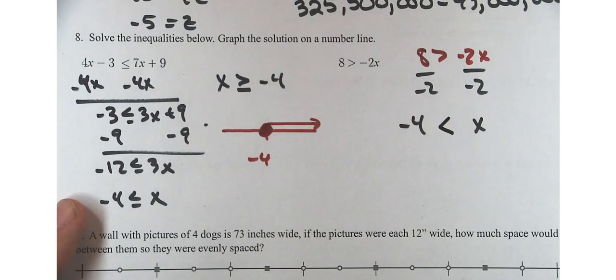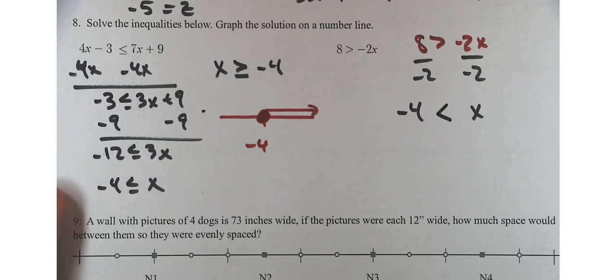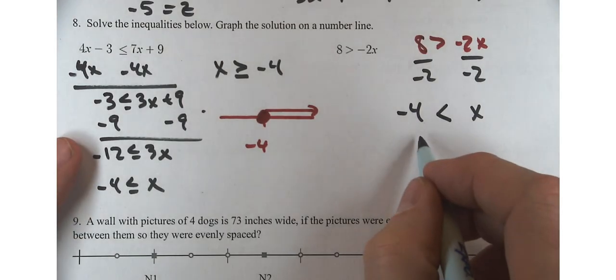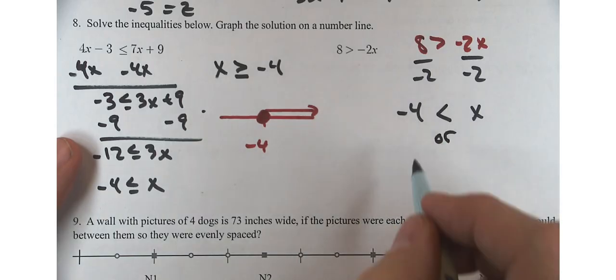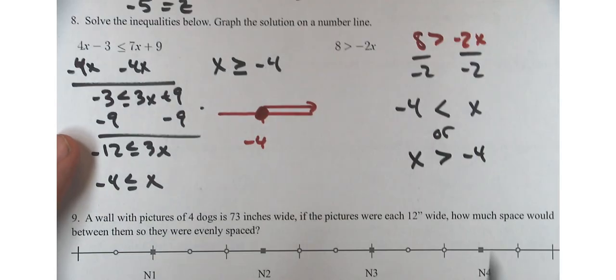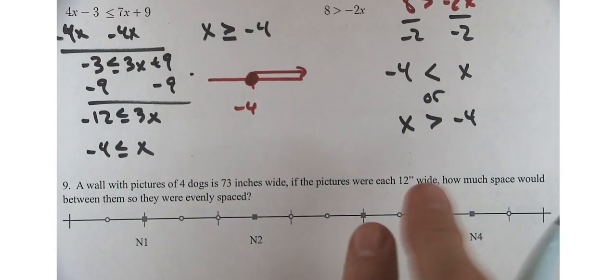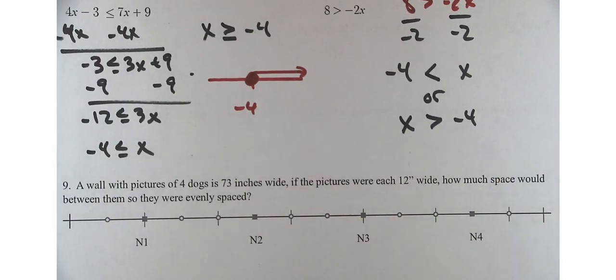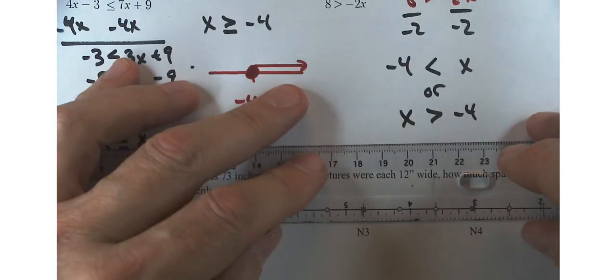It flips the direction of that sign. So now you get negative 4 is less than x. Okay, let's play our same game. If we flip this around, what would that look like? x is greater than negative 4. So again, putting that on the left-hand side to make it a little easier for me to graph.